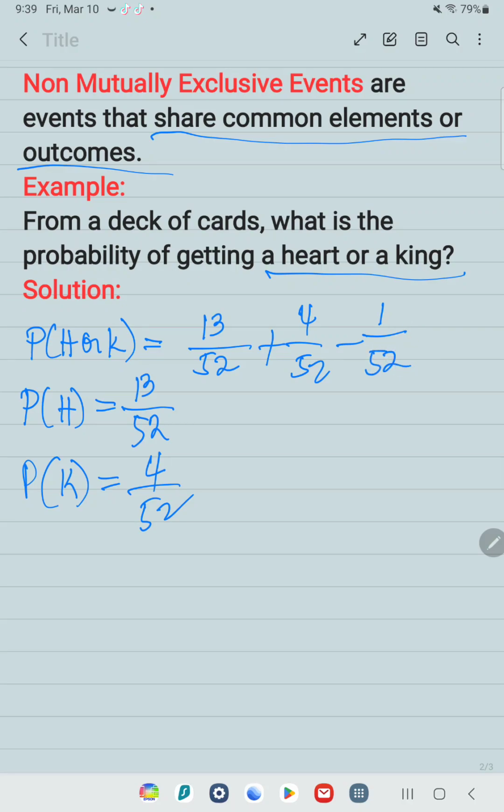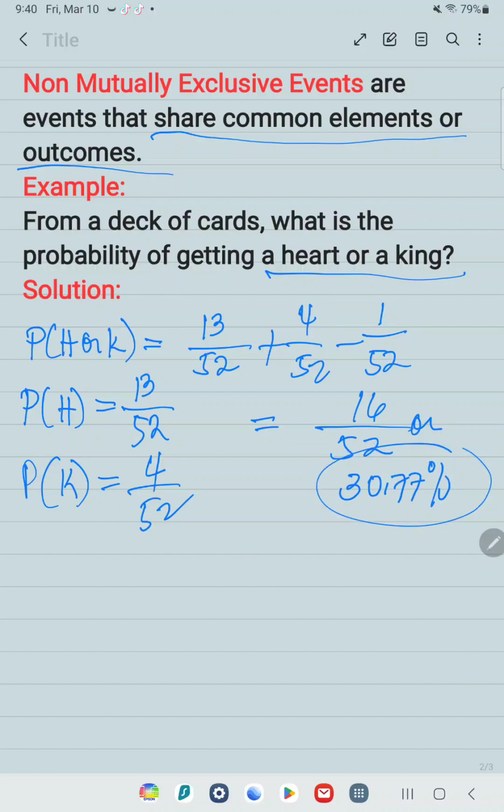They have the same denominator, so we copy that and perform the operation on the numerators. 13 plus 4 is 17, minus 1 is 16. So 16 over 52, or again, you can change this to percent. 16 divided by 52 times 100 is equal to 30.77%.